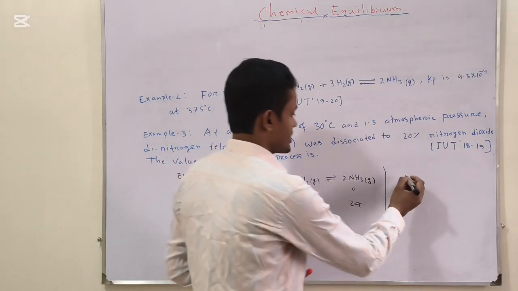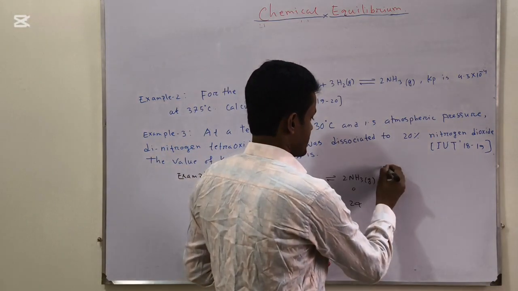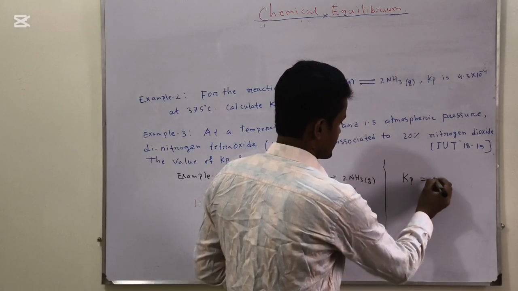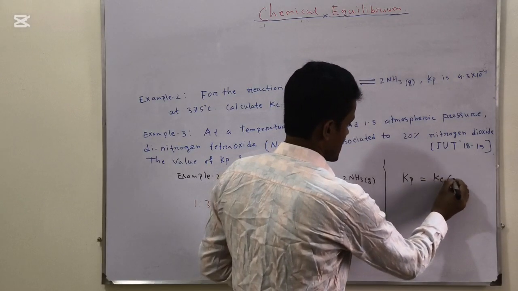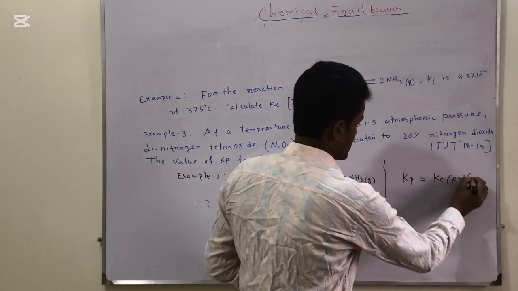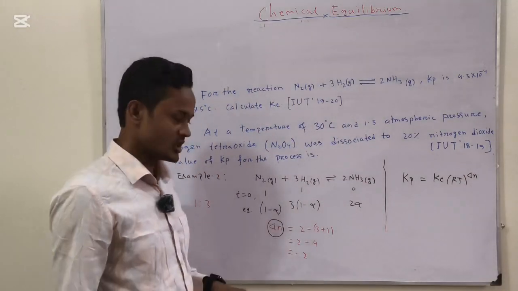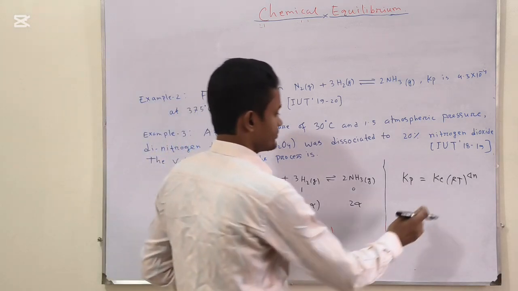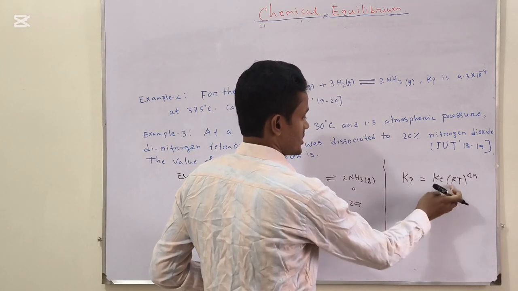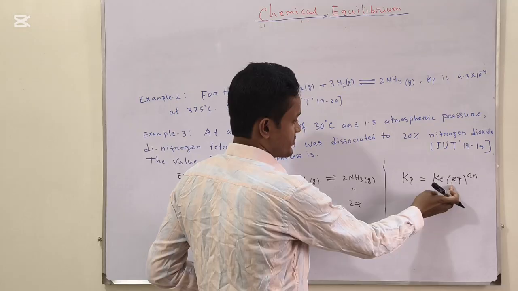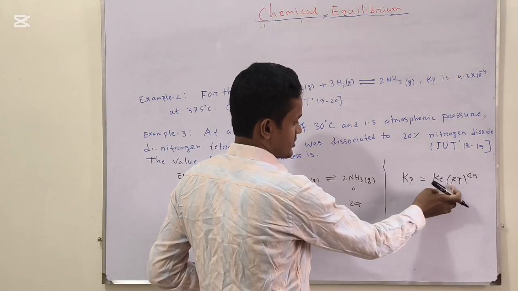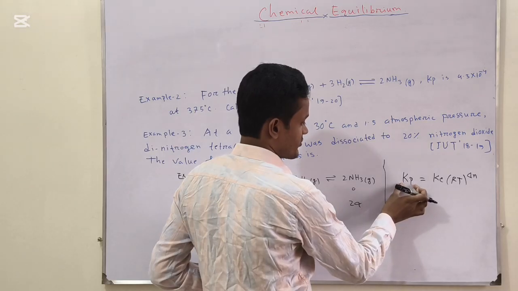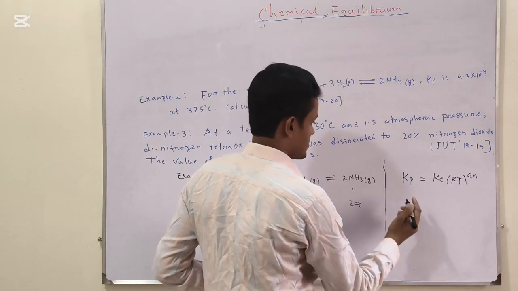So we can write the relation of Kp and Kc: Kp equal to Kc RT to the power delta n. Delta n value is minus 2. R is the molar gaseous constant, T is the Kelvin temperature, Kp is the partial pressure equilibrium constant.